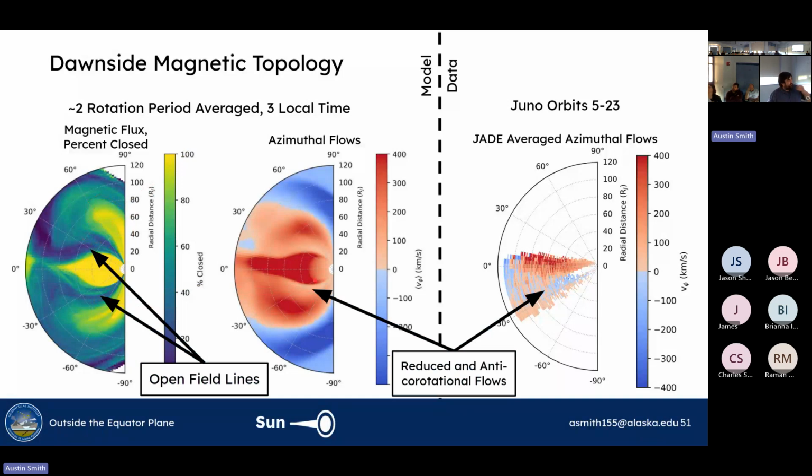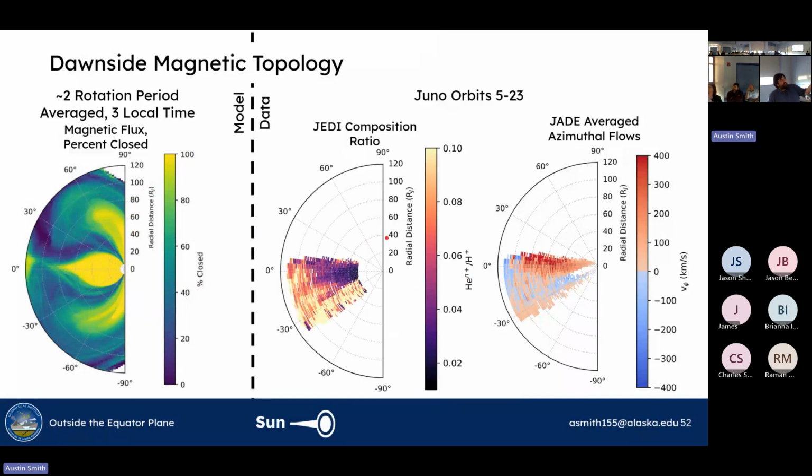And we didn't just look at the flows in the data, we also looked at the JEDI composition ratio. So this is the ratio between helium and hydrogen. The hydrogen is mainly coming from Jupiter, it's a big ball of hydrogen, although also from the solar wind. The helium is mainly coming just from the solar wind. So, the more helium there is, the more solar wind material there is.